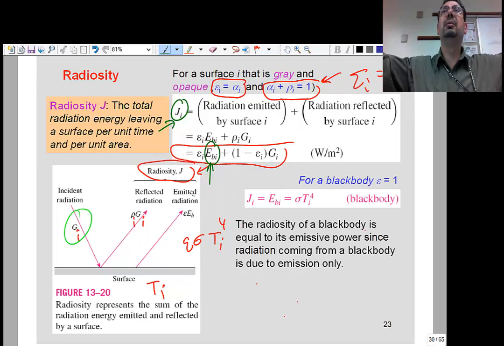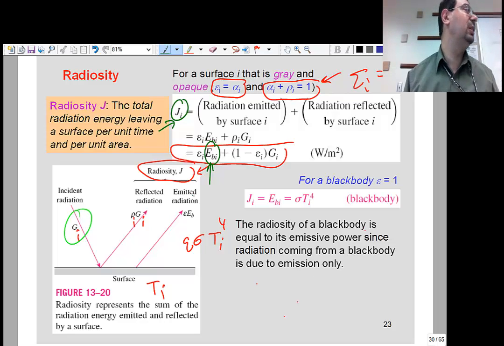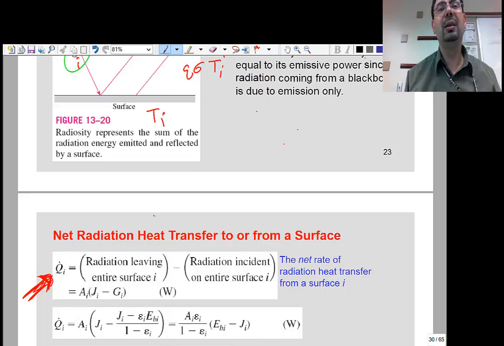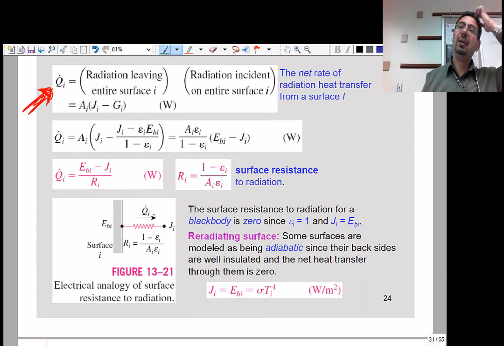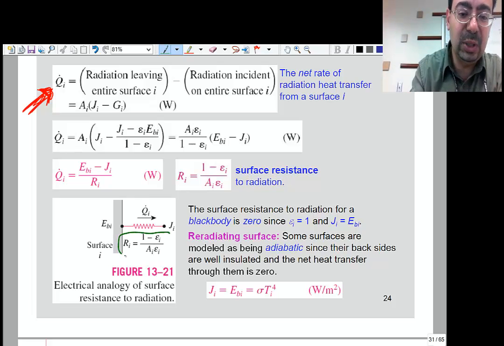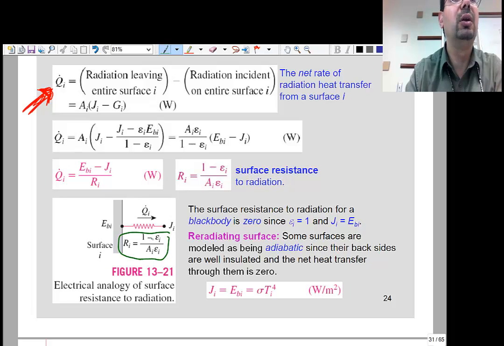If only we can put J on one side and E b I on the other side, we can see the difference between them. So that's basically his trial to do this. This would be the resistance at the end, and we'll see how he did that.